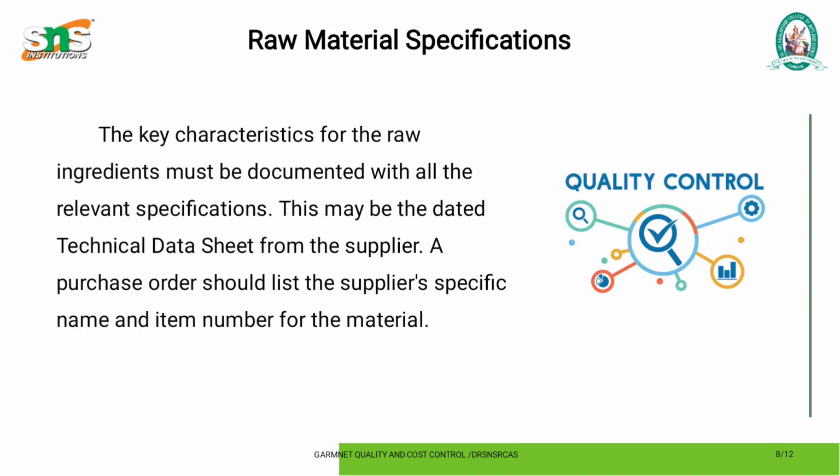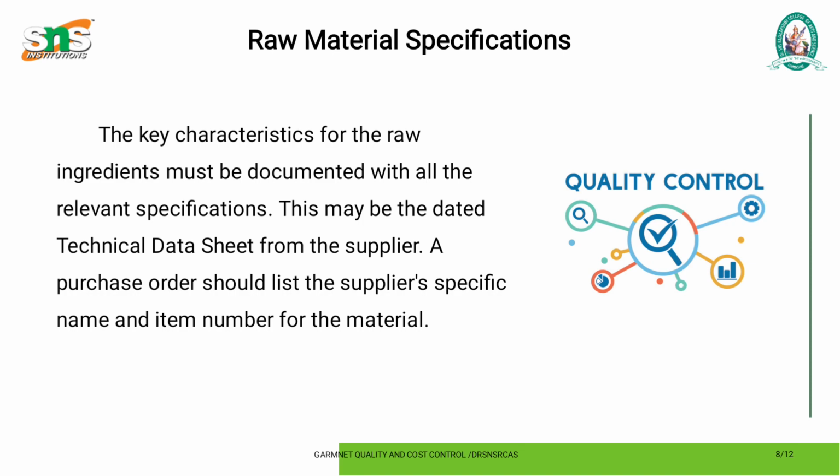The raw material specifications, that is, specification means the given standards in the product. The key characteristics for the raw ingredients must be documented with all the relevant specifications. That means in standards. This may be the dated technical sheet from the supplier.